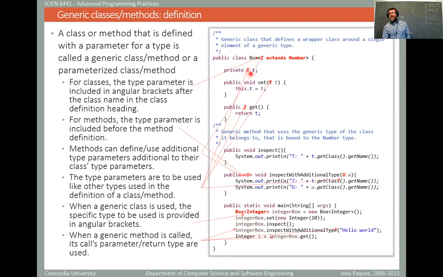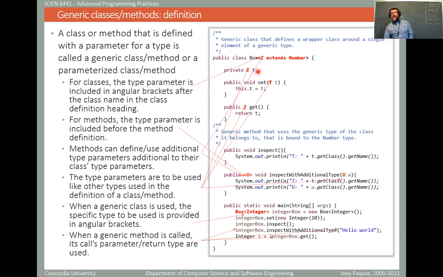For example, here I'm declaring this private member of this Box named t, little t, but of type T. So that would, for example, enable me to create later on a Box of Integers.